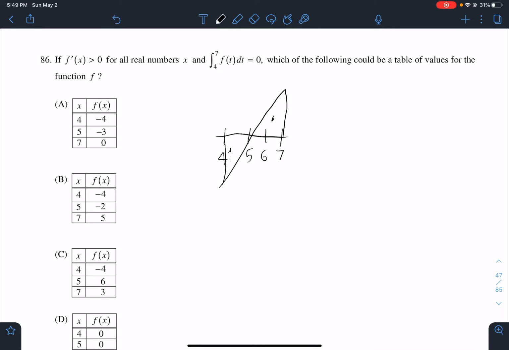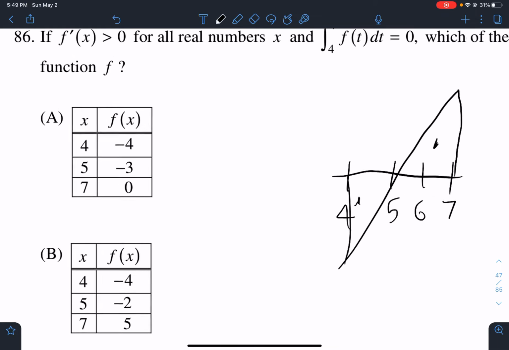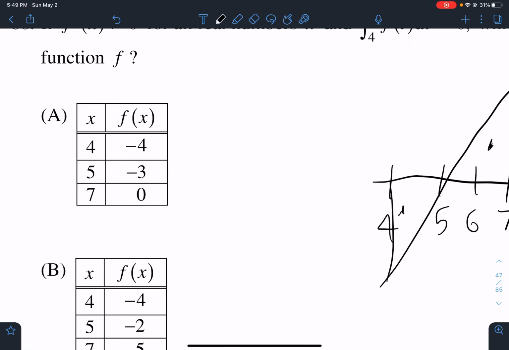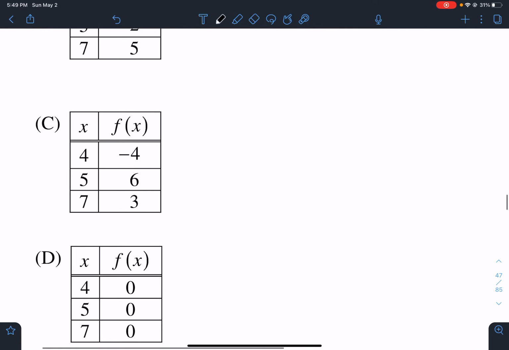So we obviously want the values to increase from 4 to 7. So A works, and it also works for B. But for C, it decreases. It goes up from negative 4 to 6, but then it decreases from 6 to 3.